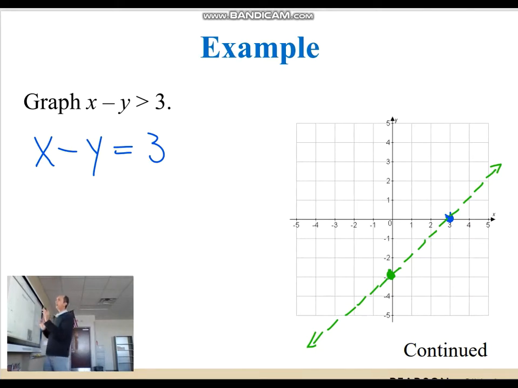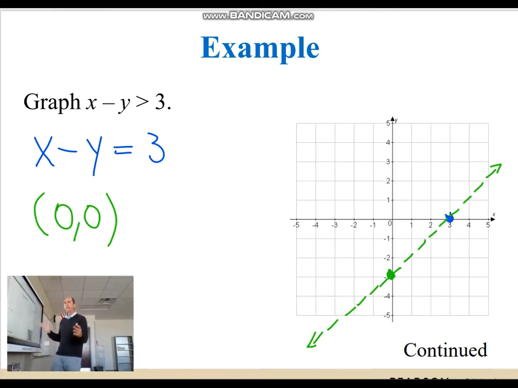Now, according to the procedure, you have to find a test point. The test point usually can be 0 and 0. If this test point produces a true statement when you plug into the inequality, then you can say yes, this area is the area that belongs.